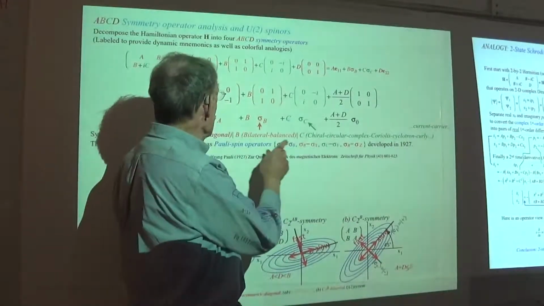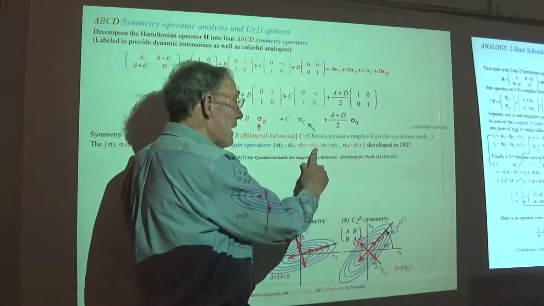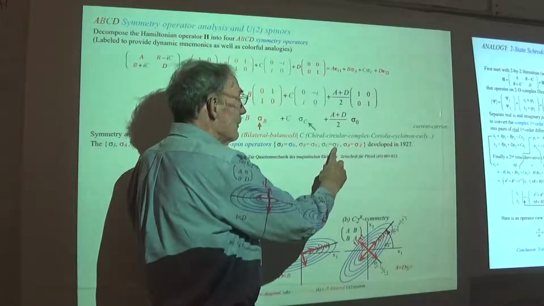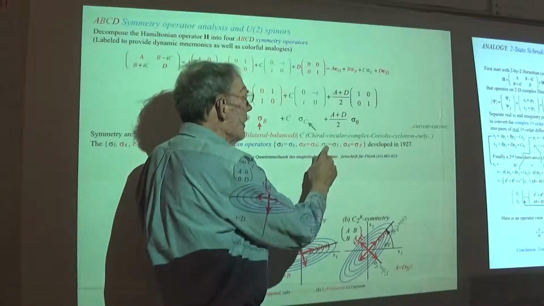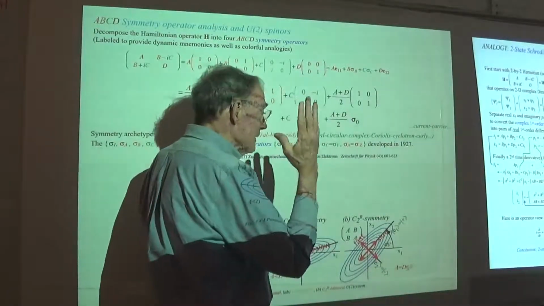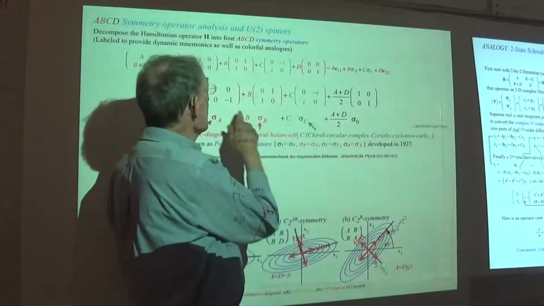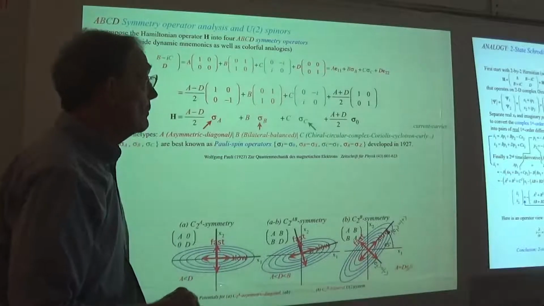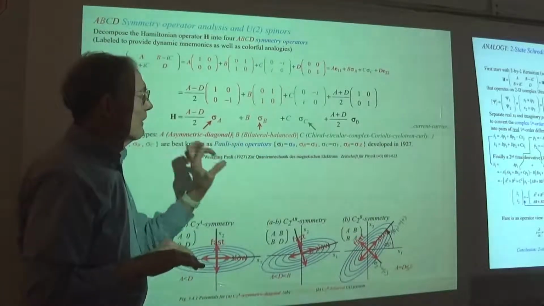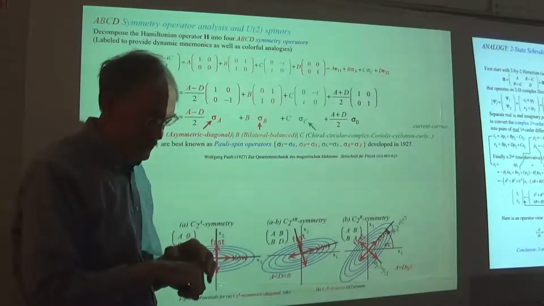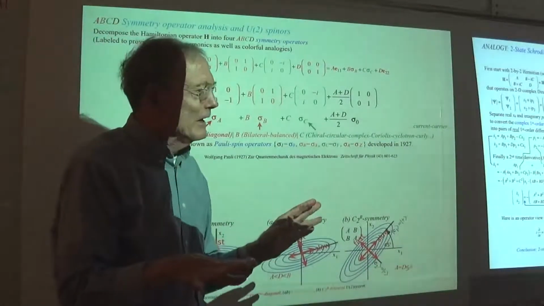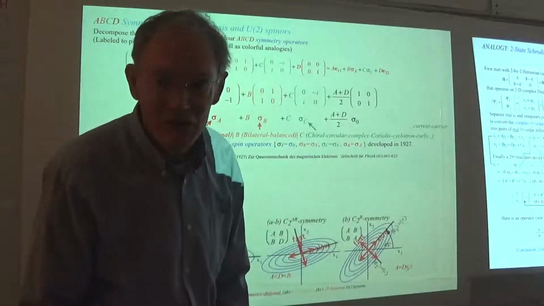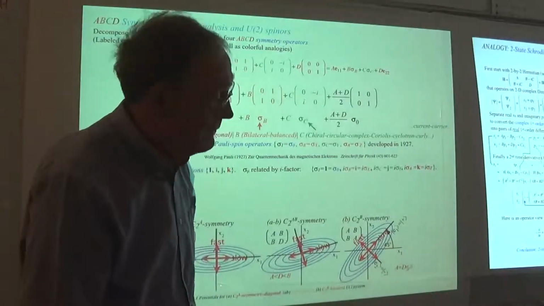The thing that we call bilaterally balanced is a Pauli X. What we call curly, chiral, Coriolis, cyclotron, whole bunch of names, that's the Y of Pauli. And then Pauli Z, that's our good old asymmetric diagonal A matrix. So this is just a little bit of switcheroo that you're going to have to get used to, but I made the mnemonics a heck of a lot better than Pauli's. X, Y, Z, what's that mean? But A, B, C, and D, they do mean something.